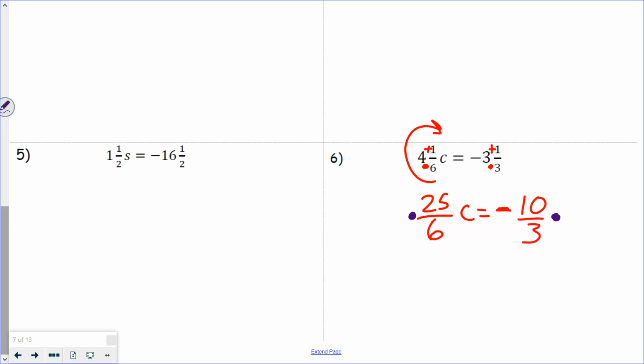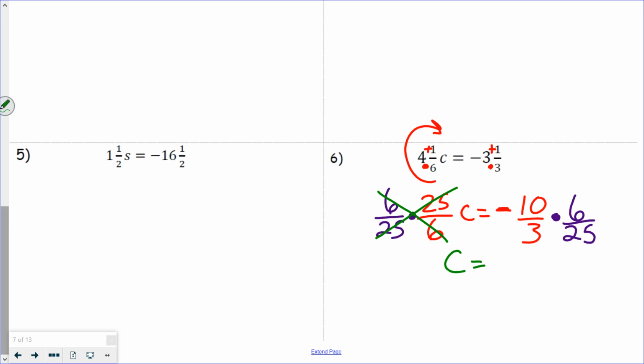Remember, whatever you do to one side, you have to do to the other. So both are being multiplied by 6/25, all because I want this to cancel, because 6/6 makes 1, and 25/25 makes 1.